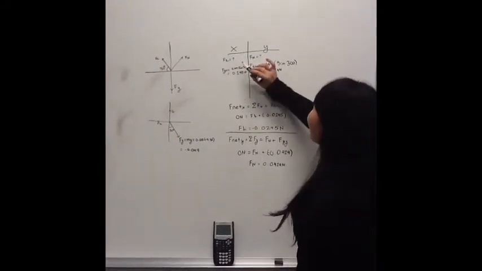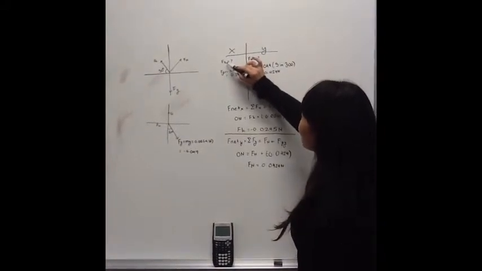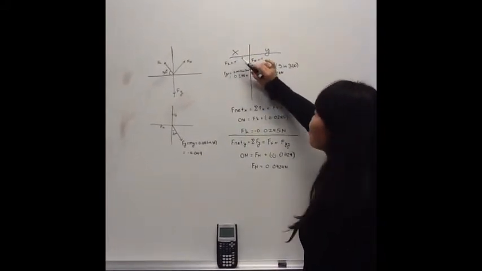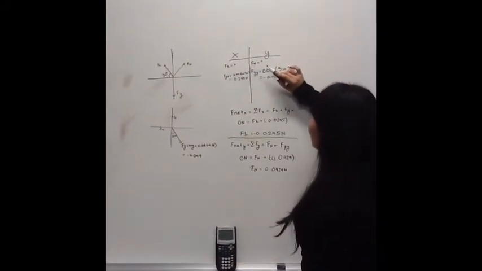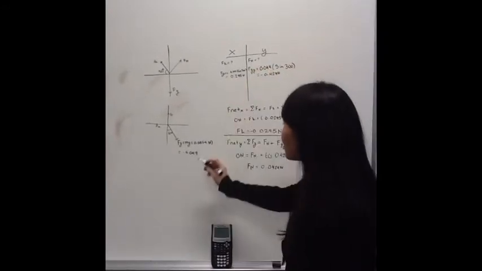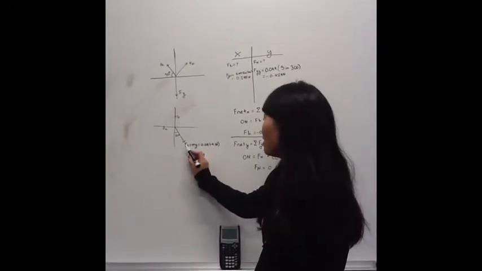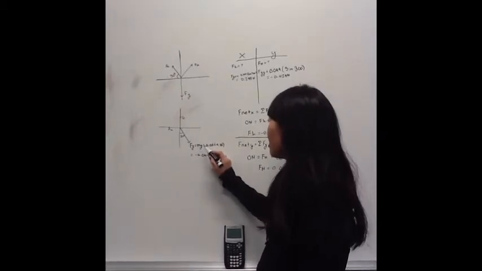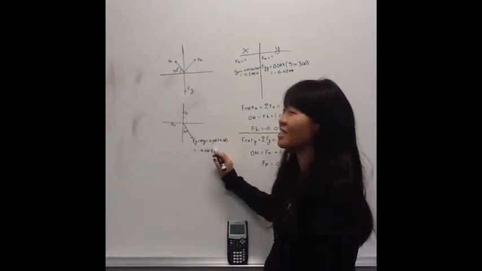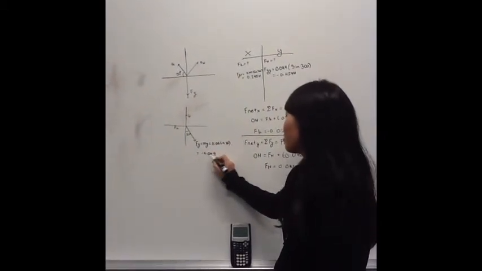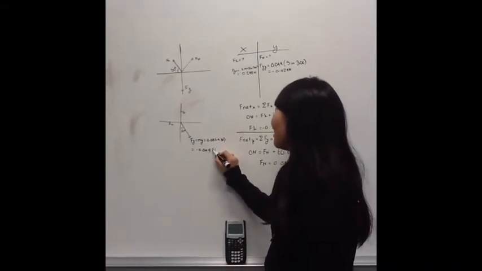And then here we don't know the force of kinetic friction or the normal force, but from the last one we know that the force of gravity, the mass times the acceleration of the Earth, is 0.049 newtons.